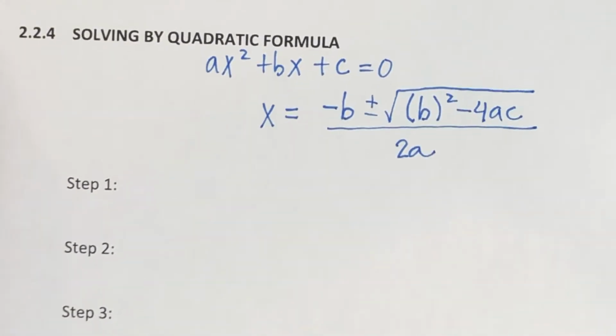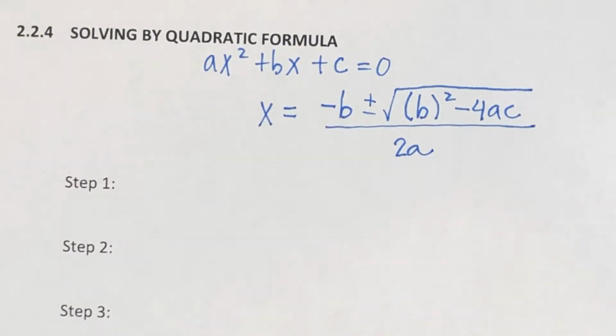This is similar to when we factored and had to identify our a, b, and c. A is always on x squared, b is always on x, and c is always your constant.